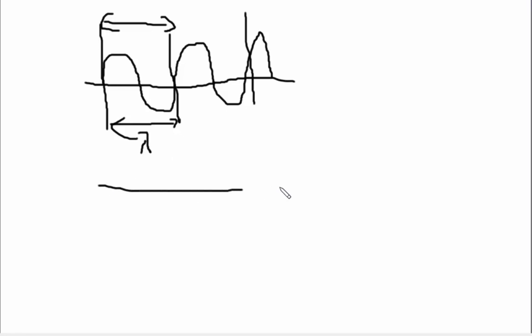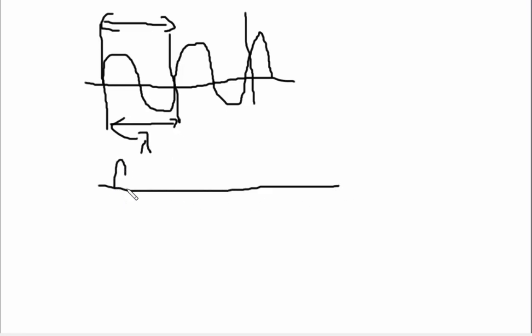Let's consider one of the basic frequency things. I will draw one frequency waveform. From this to this is one cycle, and this is the second cycle. Then what is the distance between these? That is called lambda, wavelength.